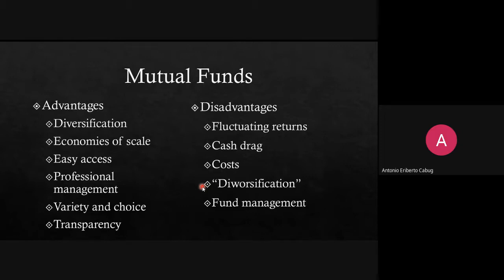Fund management, again, this is related to costs. Sometimes the managers really are not the experts. Evaluating funds. Now, when you compare the funds, let's say the funds of FAMI. FAMI is First Asia. Alam niyo yan?